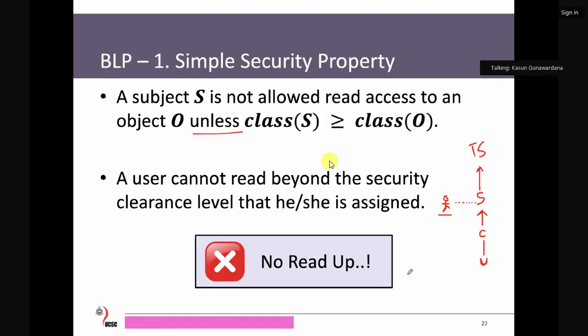In simple terms, we call it no read up. Reading up is prohibited, reading down is allowed. This simple security property is about reading, and it says that nobody can read beyond the security clearance level that she is assigned. No read up.